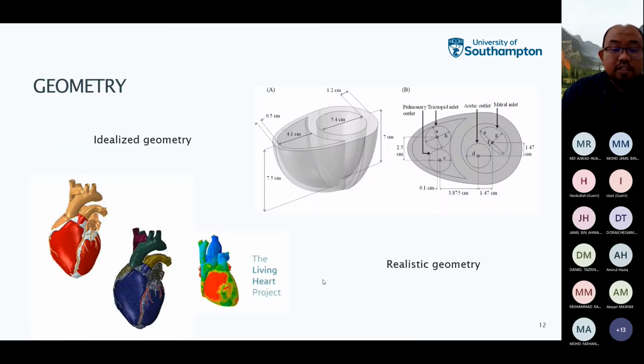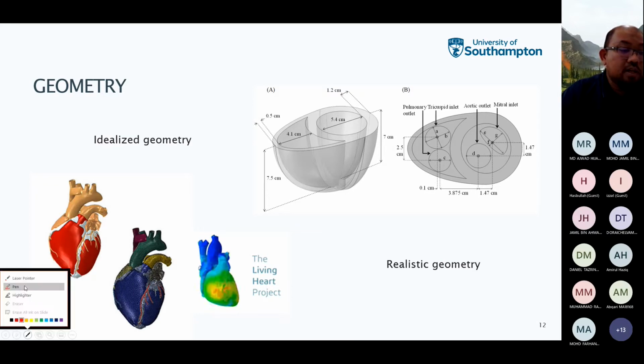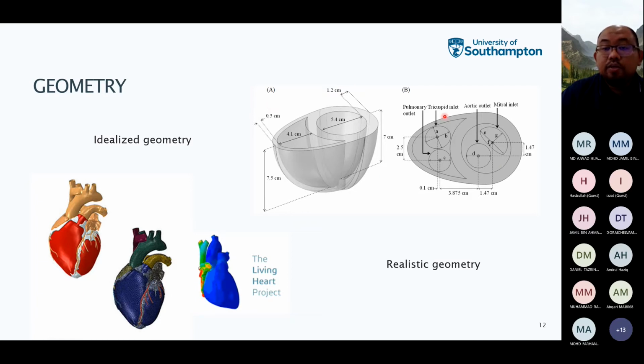The first consideration that I mentioned is geometry. Technically, there are two options. Either use an idealized geometry. In my PhD, what I did was simply use an idealized geometry as shown here. That's because you can see the bottom two chambers of the heart are basically just ellipsoids.